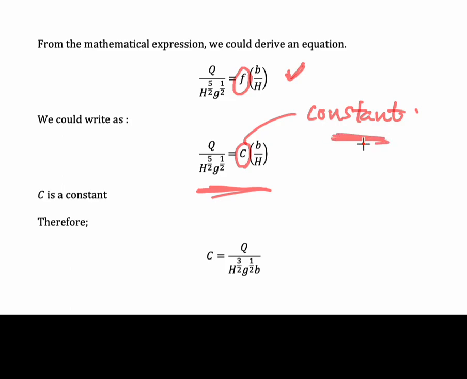Why do we need to multiply with the constant to make it an equation? Because the idea of function of here is that maybe when we change b over h, there is not a 100% effect on the flow rate. Maybe it is only 20%, 30% and so on. Because it does not 100% affect the flow rate, we need to replace the words is a function of with a certain constant.